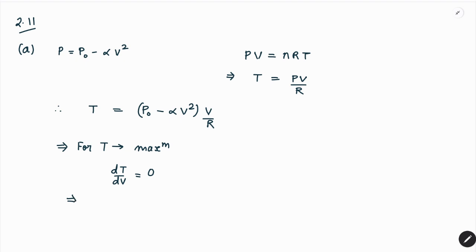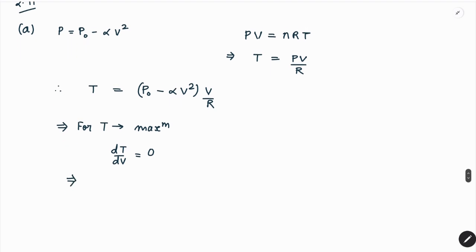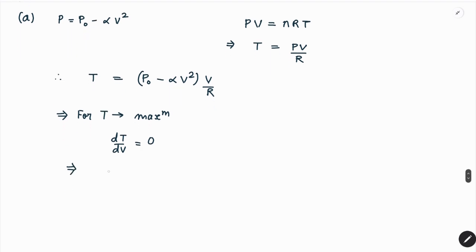So we are writing it as P naught by R dV by dV minus alpha by R derivative of V cube by dV, and then we equate this equal to 0. So we are technically differentiating this term P naught V by R minus alpha V cube by R.